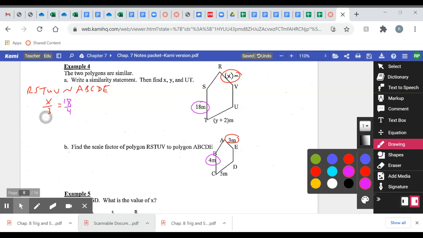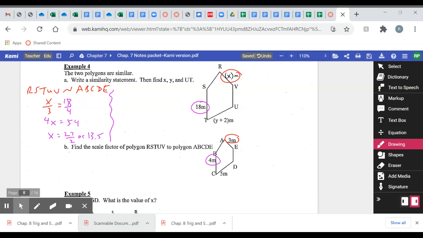And when we cross multiply, we've got 4x equals 18 times 3, which is 54. And if I go ahead and divide by 4 on both sides, I get x is equal to 27 halves. Or I can go and divide that and get 13.5. Or if you wrote 13 1/2, that would be fine also.